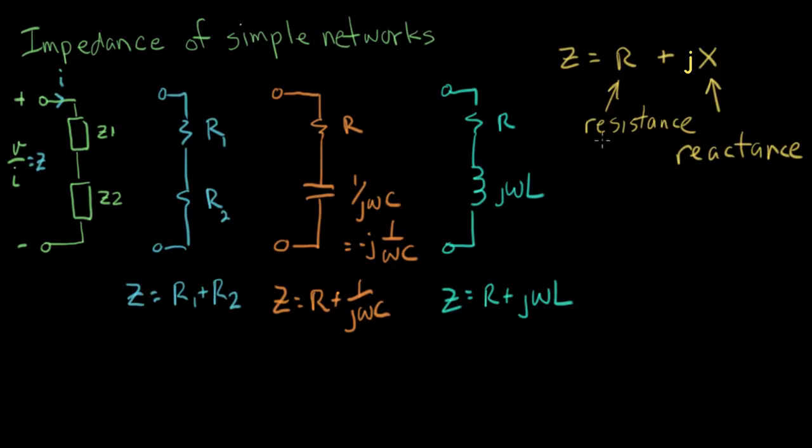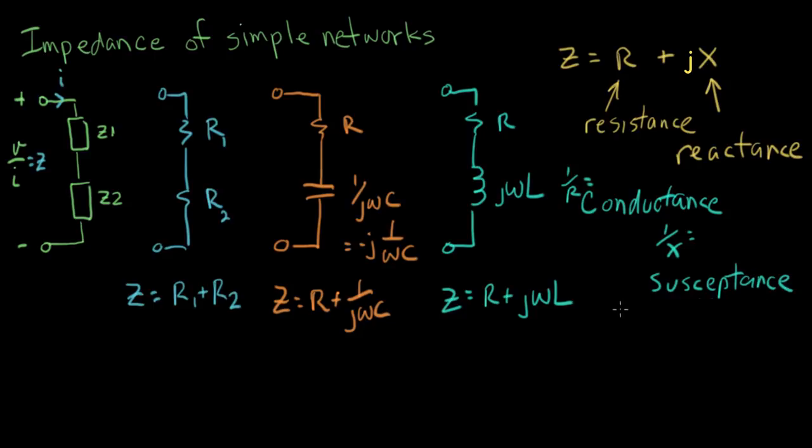We also talked about the inverse of resistance. 1 over resistance is called conductance. That's 1 over R. And 1 over X is referred to as susceptance. Now, these all sound like they sort of mean the same thing, but engineers wanted to have different words for different parts of the impedance, and these are the words that we use.